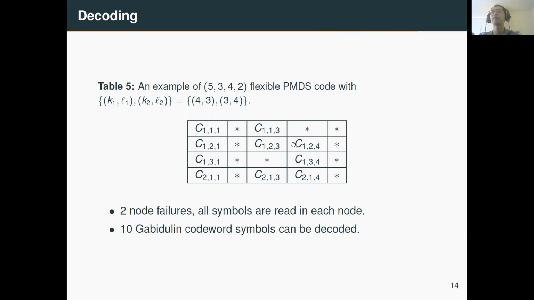The symbols in the first three rows are exactly Gabidulin code word symbols, but in the last row, the C214 here is a parity. But we know that in row 4, it is a 5-3 MDS code. So from these three symbols, we definitely can decode C212 here, which is also a Gabidulin code word symbol. So in total, we can still decode the 10 Gabidulin code word symbols, and in this case, we can still decode our original information symbols.